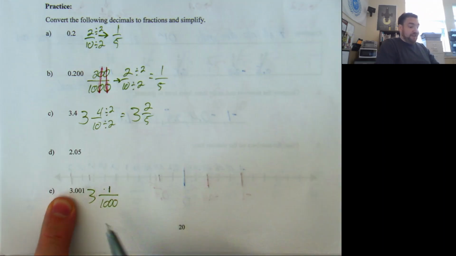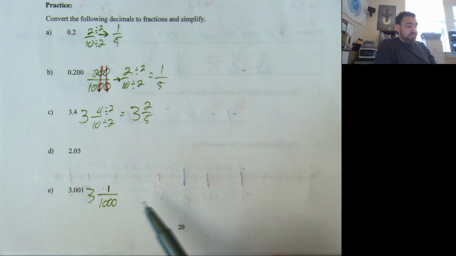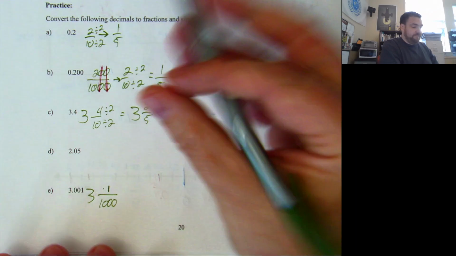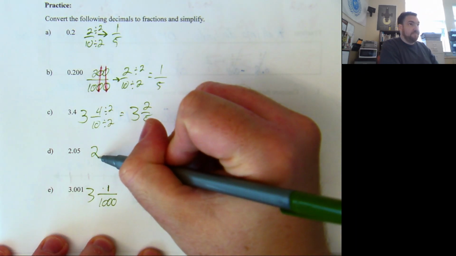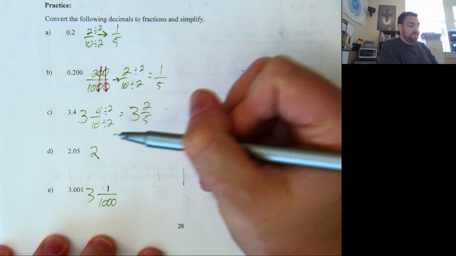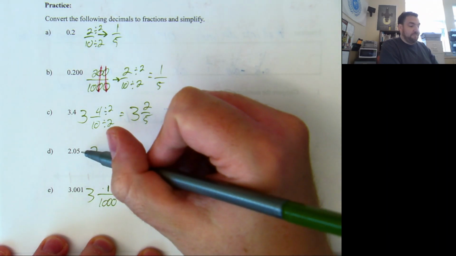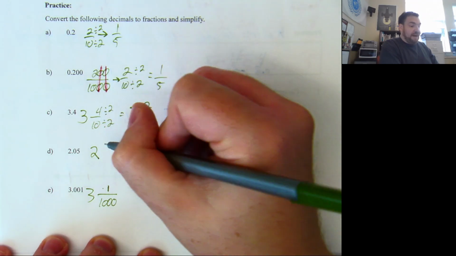Well, no, and the whole number is going to stay up front, and you can't simplify that thing. So that's it. So it's going to be 5 over 100.